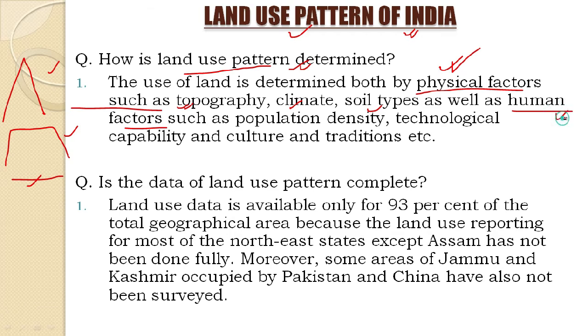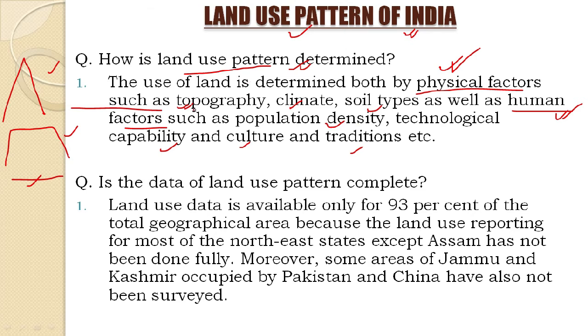When we come to understand the human factors, we see factors such as population density, technological capability, and culture and traditions, etc. So all these factors come into an interplay and determine the land use pattern.